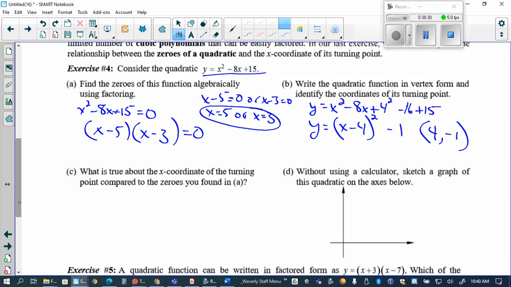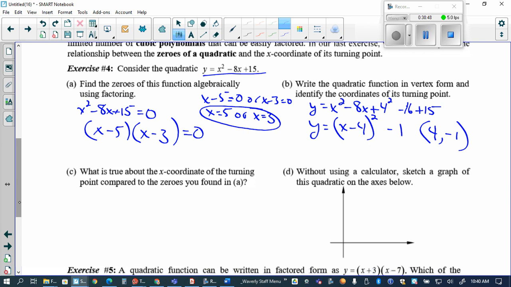So here are the zeros, 5 and 3. What's the x coordinate of the vertex? No, the x coordinate is just 4. So think about that 4 in terms of the 5 and 3.